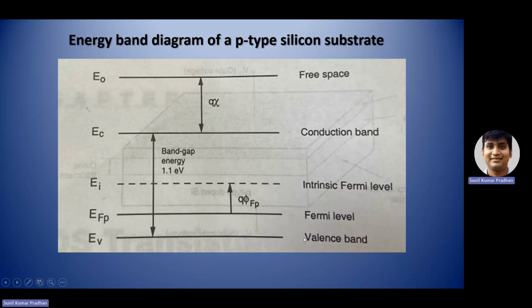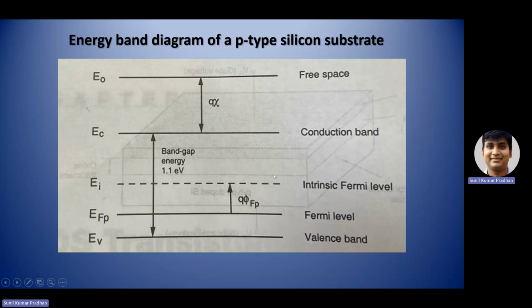Now, in a p-type silicon substrate, an extra energy level is created because of acceptor atoms. This acceptor level is created just above the valence band, and that is nothing but the Fermi level. So we have to remember that this Fermi level is always created above the valence band for a p-type silicon substrate.